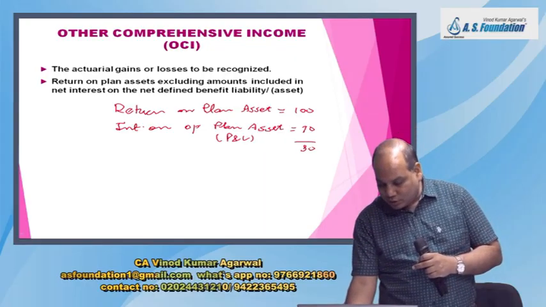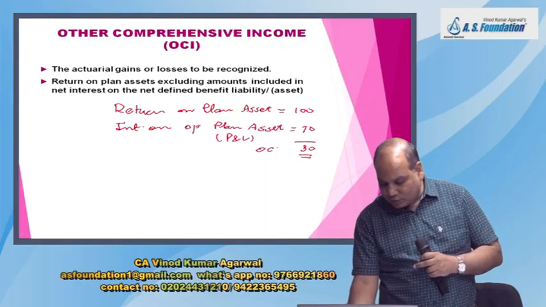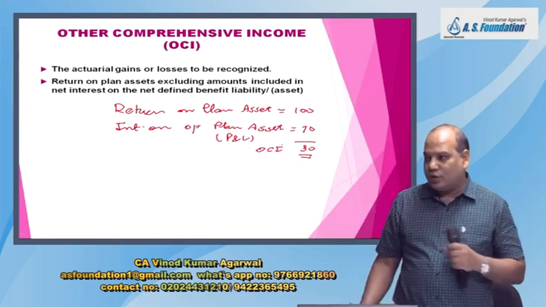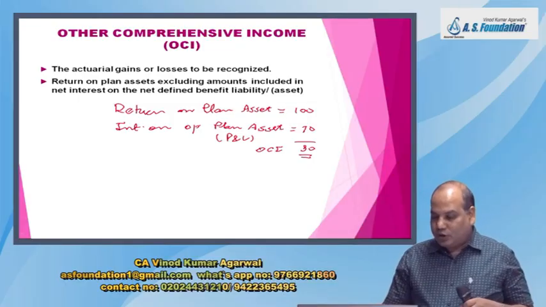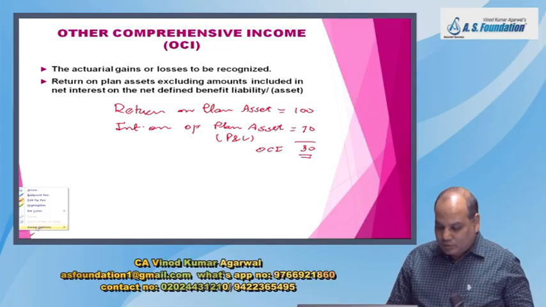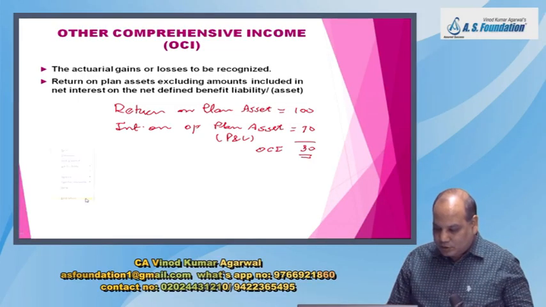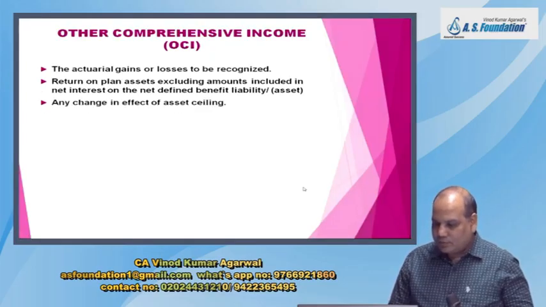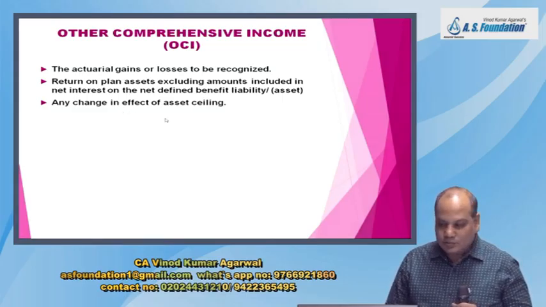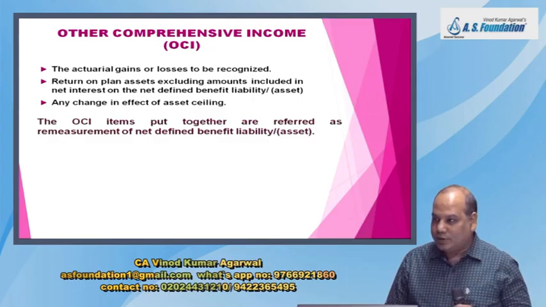So what we will do now, this 30 will be shown in OCI. So this is the difference. Now next, what is the third item that we are going to show here? Any change in effect of asset ceiling. So OCI will have 3 items, P&L account 4 items.